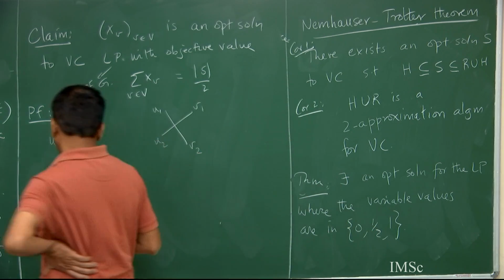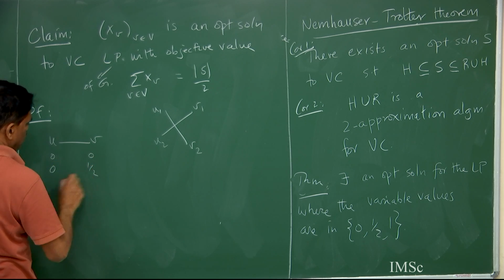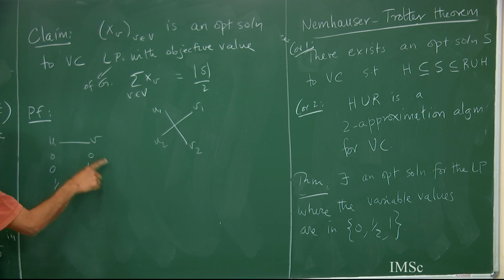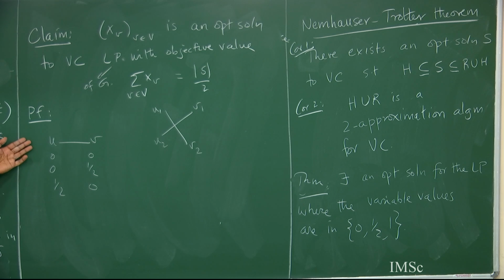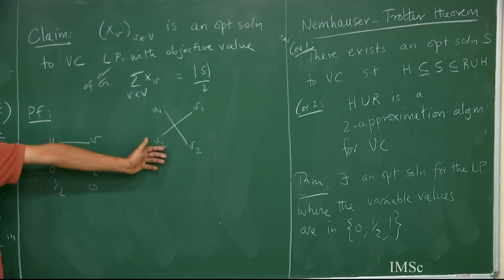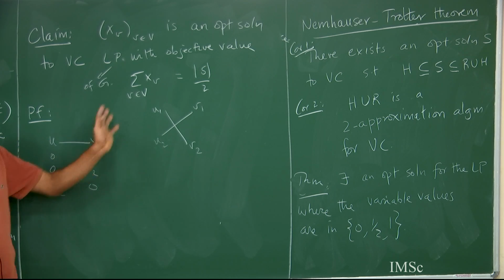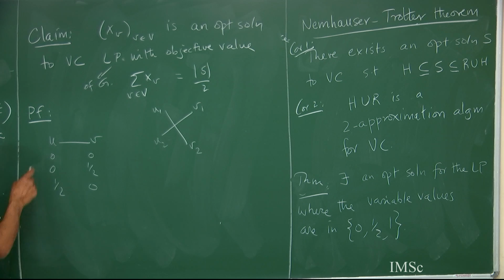Okay, if you have 0, 0 or 0, half or half 0, these are the possibilities where this constraint would be violated. Let us see, 0, 0 is certainly not possible, because that means all of these guys are 0, but S is supposed to be a vertex cover, right. From S I got this, S is a vertex cover for this bipartite graph, so this is not possible.